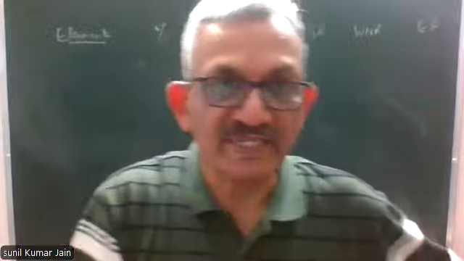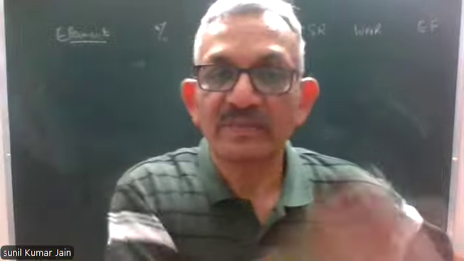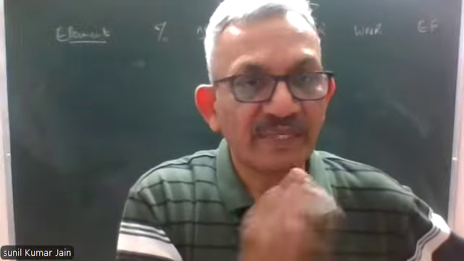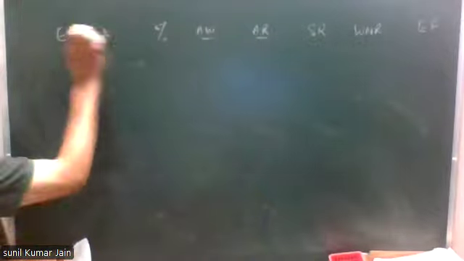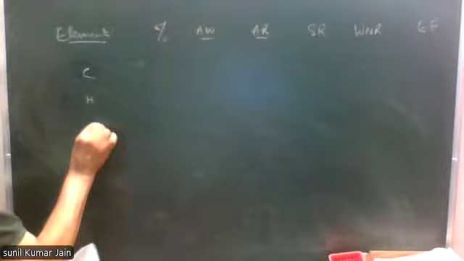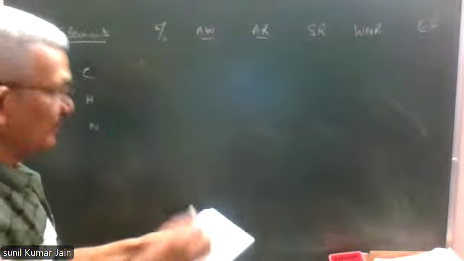In the column of percentage, you can directly use ratio, right? But in that case, remember, there's no oxygen. So here it is, carbon, hydrogen, nitrogen, ratio is 18:2:7.